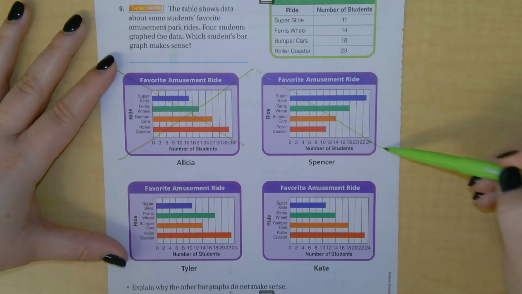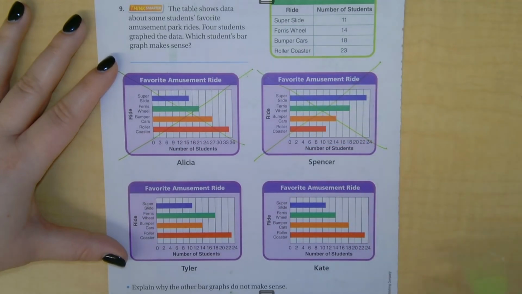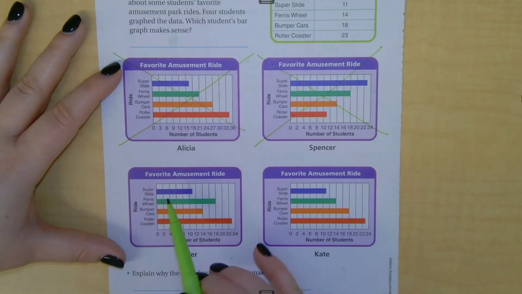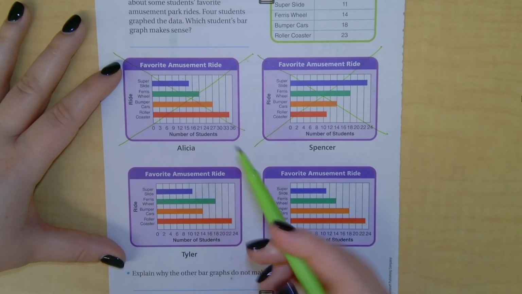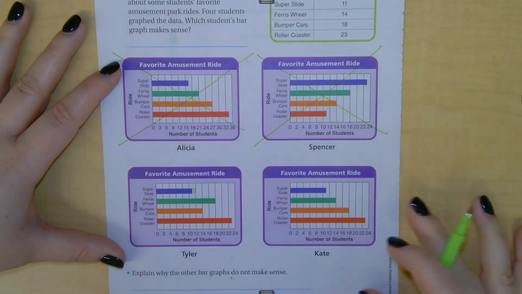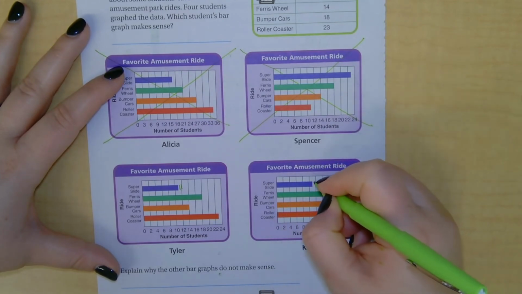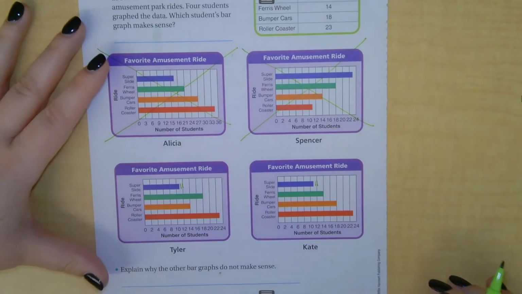That is also not correct. Tyler, his super slide is halfway between 10 and 12, so his is on 11. Could be correct. Kate, her super slide is halfway between 10 and 12 as well, so she's on 11, so she could be correct as well.